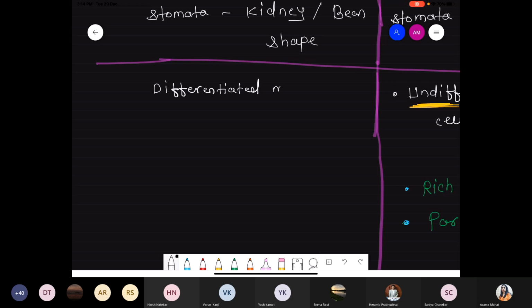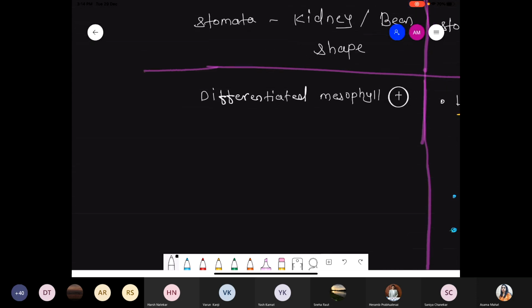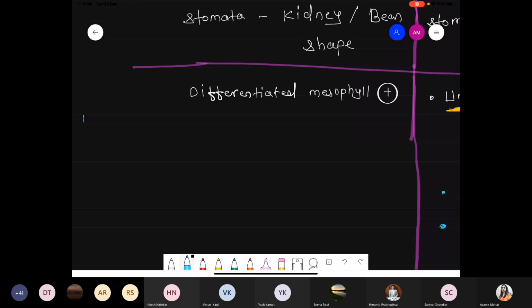Differentiated mesophyll cells are present, and that's why in case of the dicot leaf, we obtain two surfaces. One surface is dark color, another surface is faint color. So now we are talking about differentiated mesophyll. First point we are talking about, that is upper leaf surface.